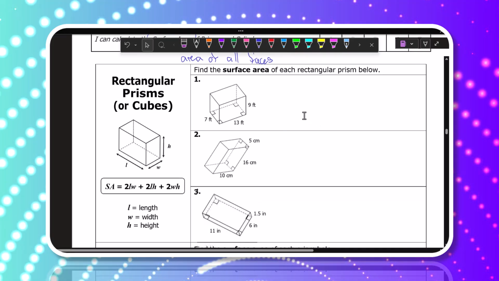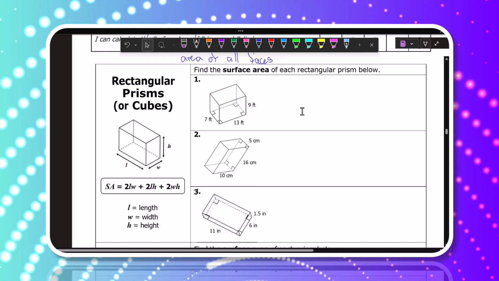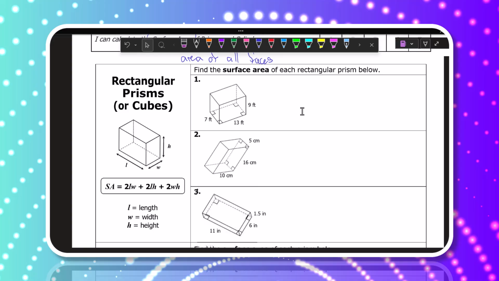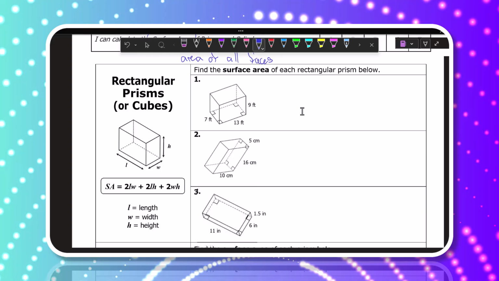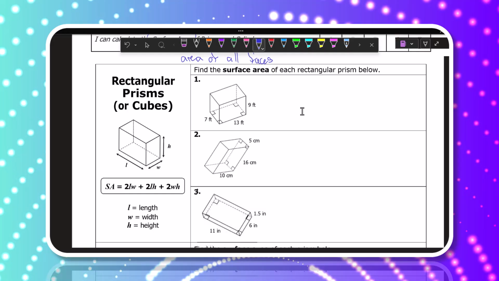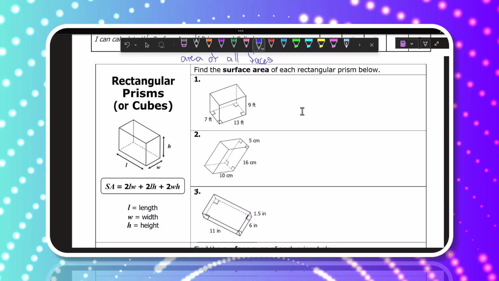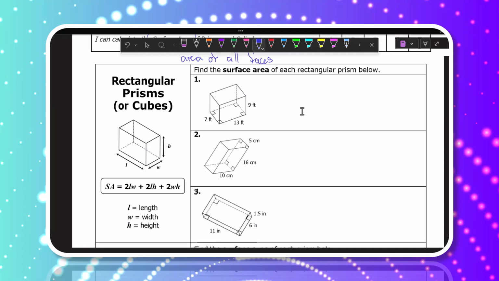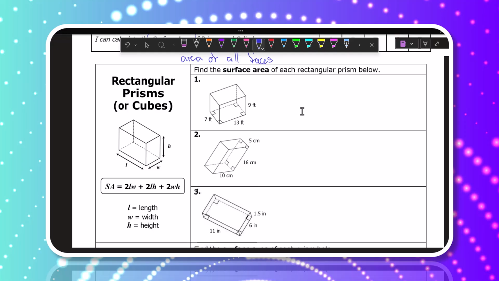So for rectangular prisms, or cubes, which are, I guess, square prisms, our surface area is 2 times the length times the width, plus 2 times the length times the height, plus 2 times the width times the height. It's each measurement multiplied by 2, and then we add them all up.